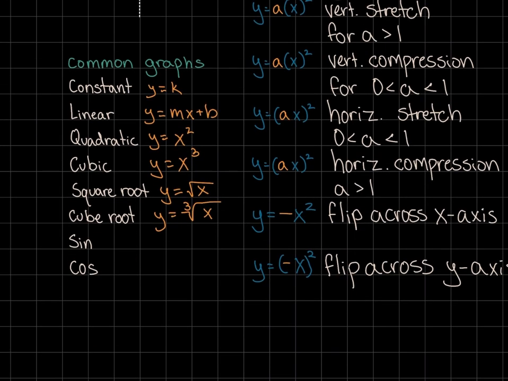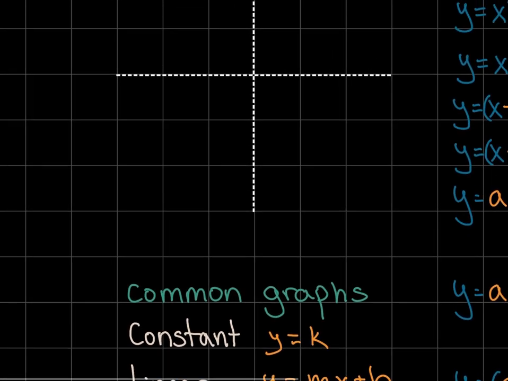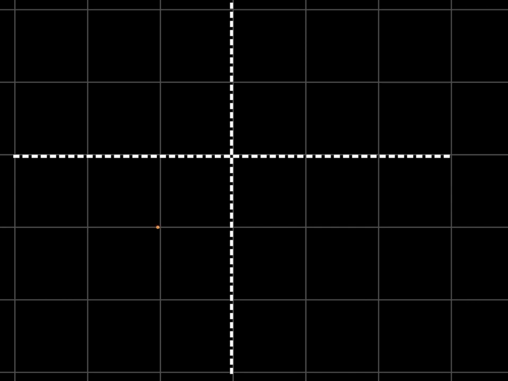Now we're going to discuss two of the most common trigonometric graphs, sine and cosine. There are two graphs that look almost identical, so you might be wondering, what are the differences between these two? Well, let me tell you one key difference between a sine and a cosine. A sine will always pass through the middle of the graph, the center.